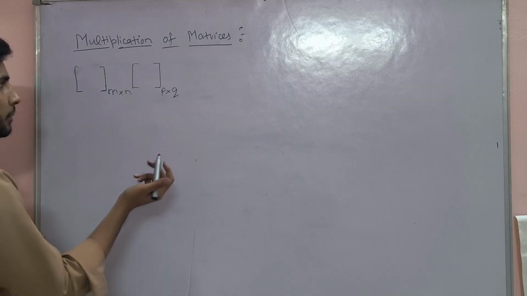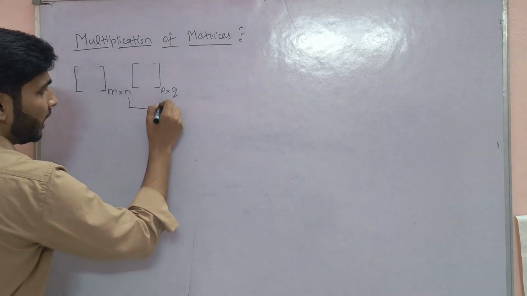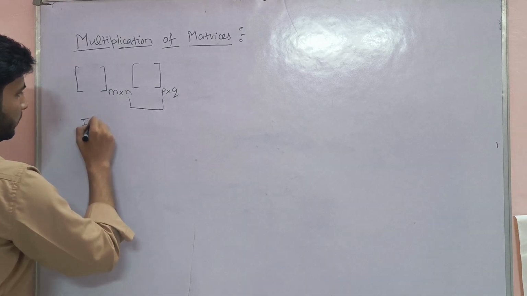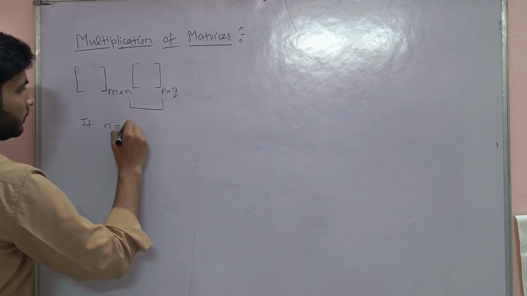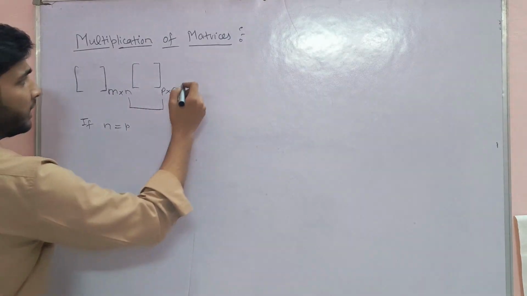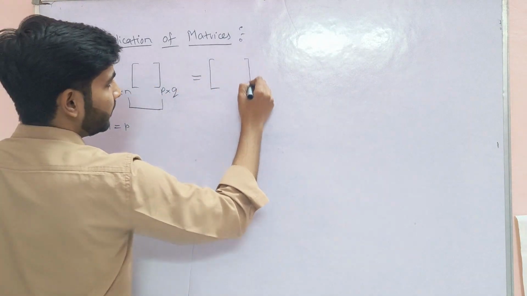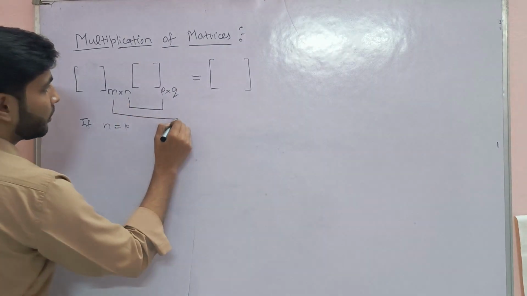Then only we can multiply these matrices. So, if n equals p, then only we can multiply the matrices. And the resulting matrix we get after multiplication will be of order m cross q.